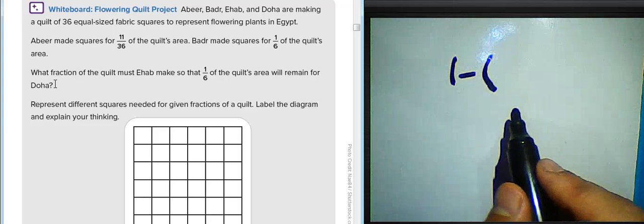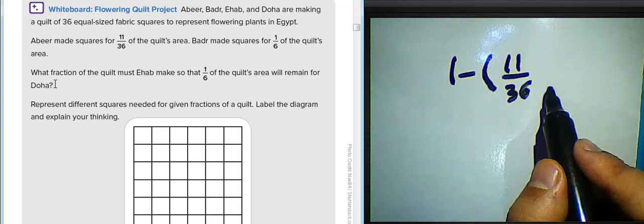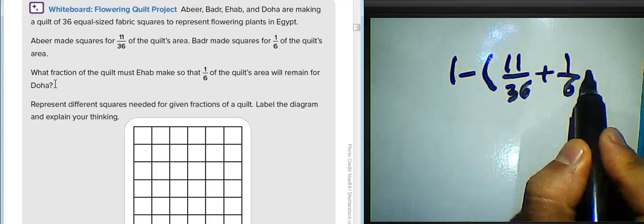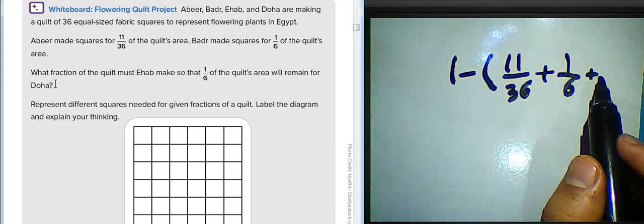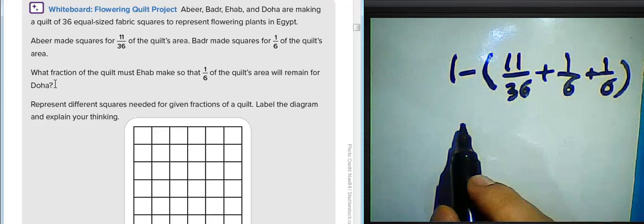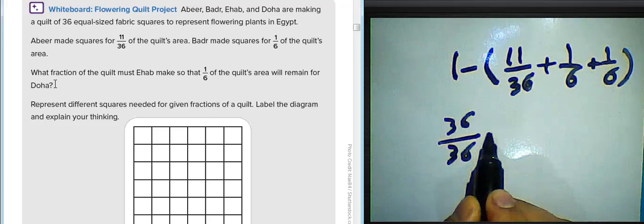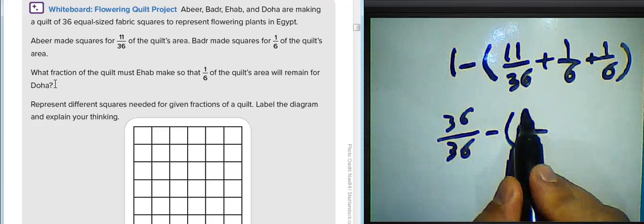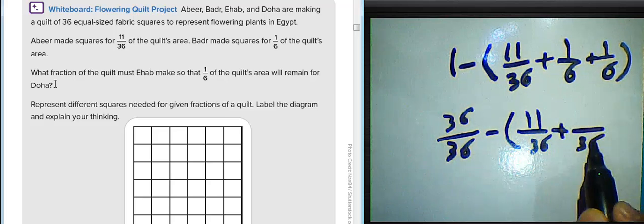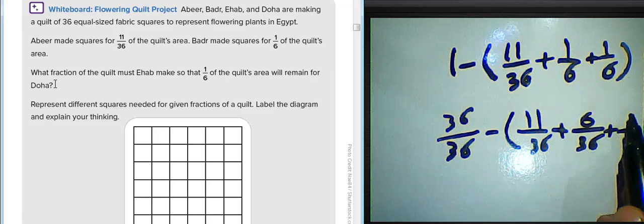First one here, Abir. 11 of 36 is the area of Abir, the area of Badr is 1 over 6, and the area of Duha is 1 over 6. The least common multiple between them is 36. 36 divided by 36 equals 1. And here 11 over 36. 6 times 6 equals 36. 6 times 1 equals 6. And 6 times 1 equals 6.